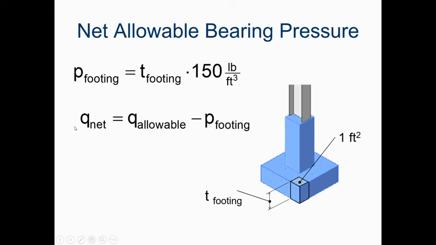Q net is our allowable soil bearing pressure, what was determined from our chart, minus the load of the footing, which will give us our overall allowable soil bearing pressure. So the area, again, I'm back to that equation, the area of my footing is equal to the load of the column divided by the allowable soil bearing pressure, and that's this right here.